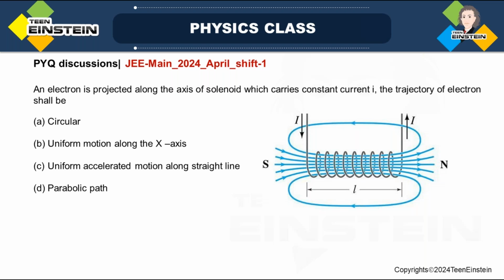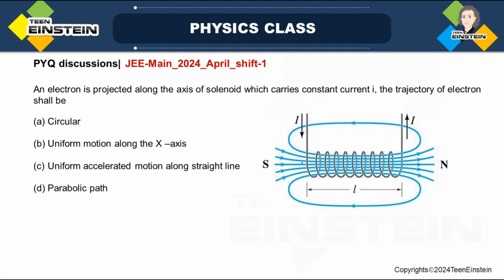So what is this problem saying? This problem is saying an electron is projected along the axis of the solenoid.